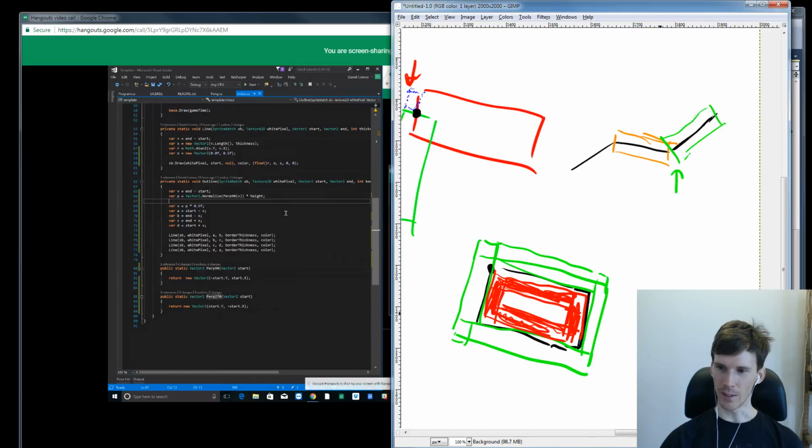That one is not a rectangle. That's the point where you want to do round circles, because then that ends up being a circle, and it looks pretty nice.